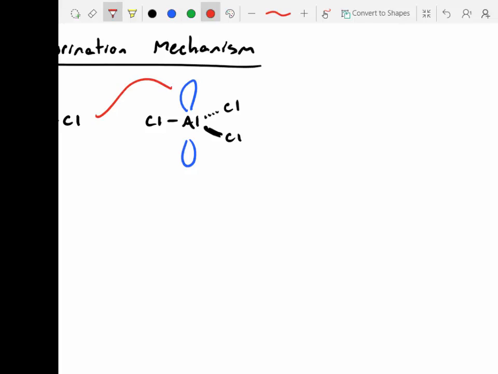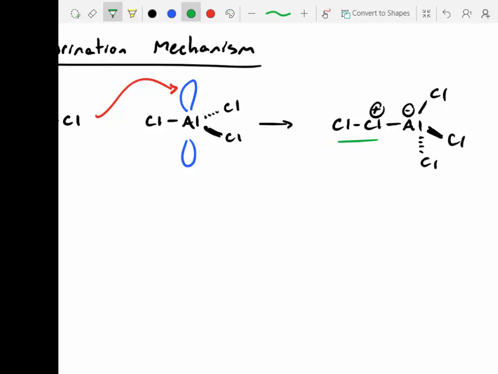So if we look at this, the chlorine is going to donate its electrons into this p orbital, just like we saw in the previous reaction. The aluminum becomes negative, this chlorine becomes positive, and we form a super strong dipole.